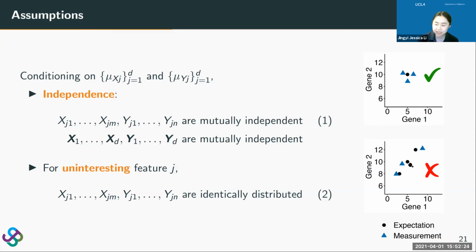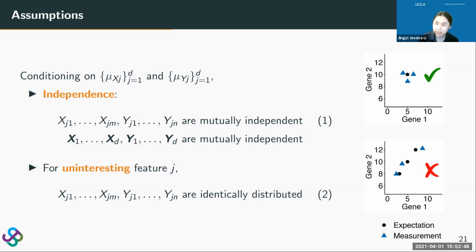But sometimes we see data like this. Gene 1 and gene 2, the measurements are the 3 blue triangles. On the surface, we see that the 2 genes have a strong correlation. But in many cases, this may be due to the fact that these 3 measurements have 3 different expectations, and the expectations are correlated.